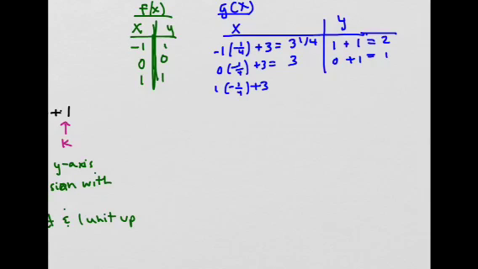So 3 minus 1/4 is 2 3/4. And then on this side, the y is 1. Okay, so here are the ordered pairs. 3 and 1/4 with 2, 3 with 1, and 2 and 3/4 with 2, and that's what we're going to graph.